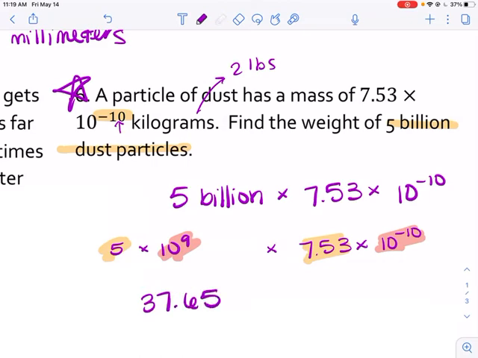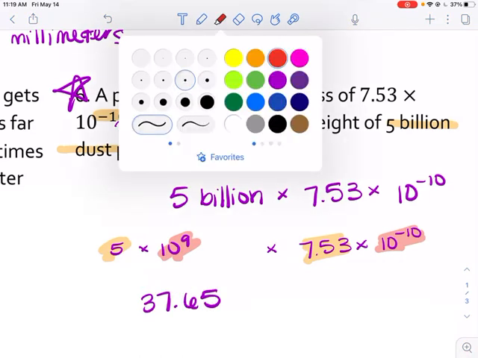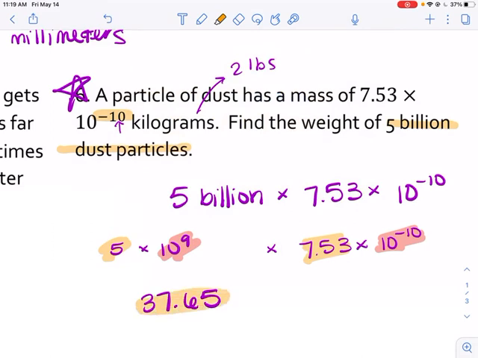Now I'm going to multiply my reds together, 10 to the 9th times 10 to the negative 10th. When I multiply, I add the exponents. So 9 plus negative 10 equals 10 to the negative first. Since there are more negatives when you're adding, we end up having just one of them. And our positives and negatives cancel out. So now I'm going to find out what my end result is.